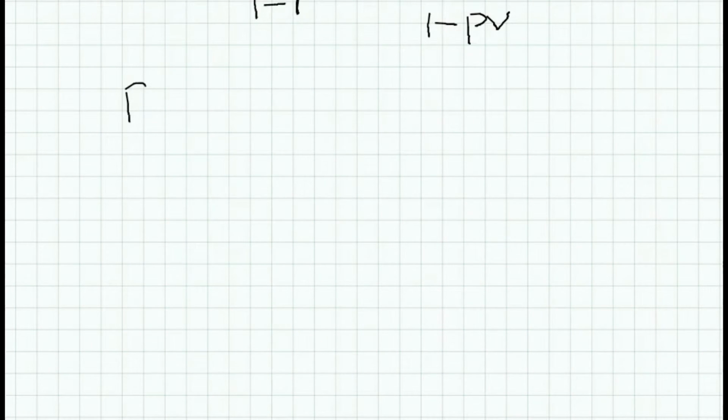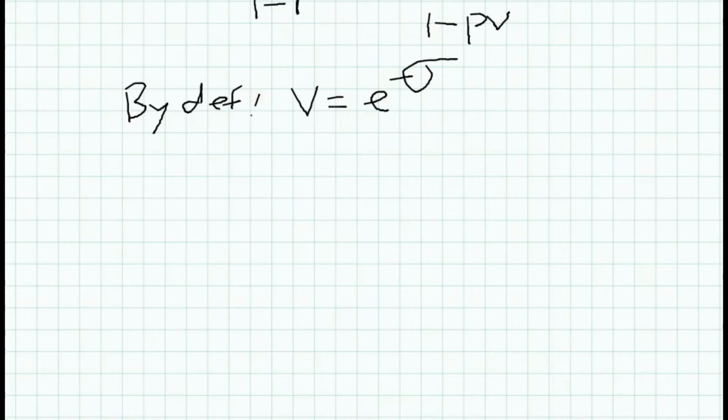By definition, we also know that V is equal to e to the minus delta, P is equal to e to the minus mu, and Q is equal to 1 minus e to the minus mu.